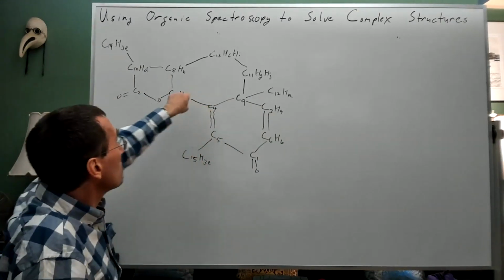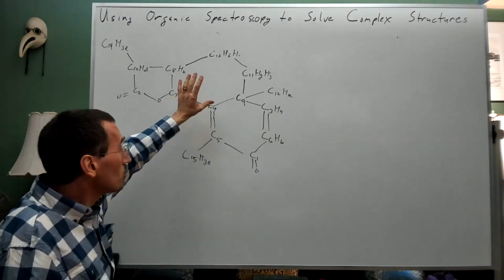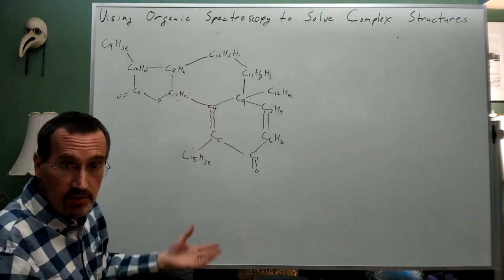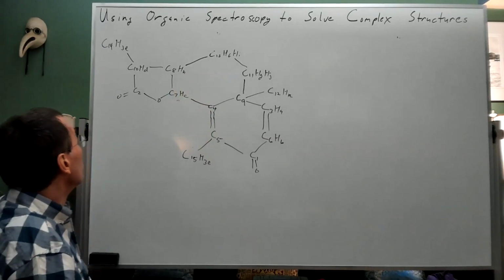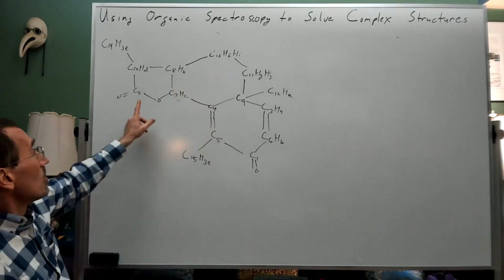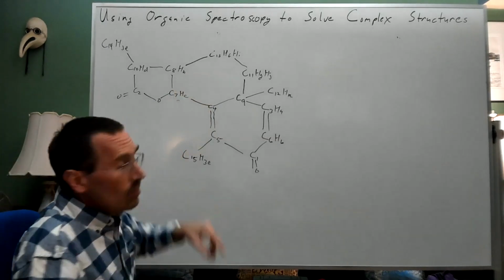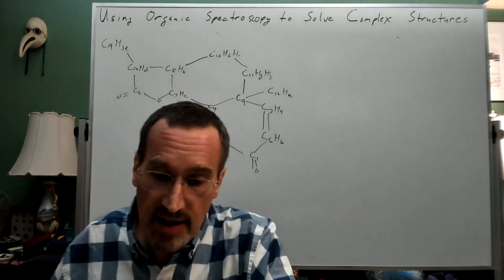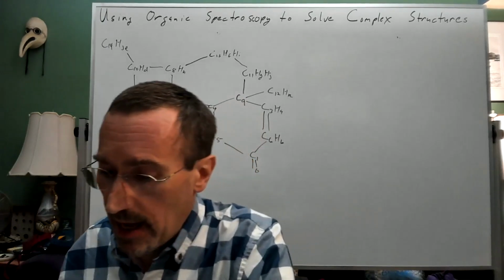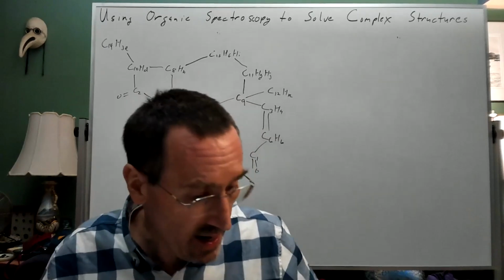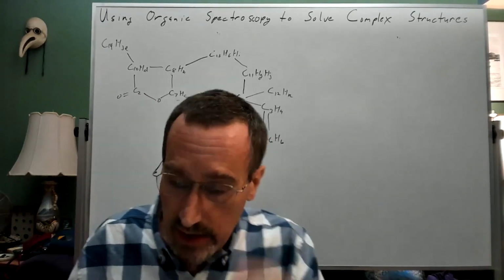We have a 6-membered ring here that probably will end up being a chair-like cyclohexane, although it could be in a boat conformation. We have a 5-membered ring. And so in this particular problem, I've provided 1D NOE spectra rather than 2D NOE spectra. And so I wanted to go through the data.